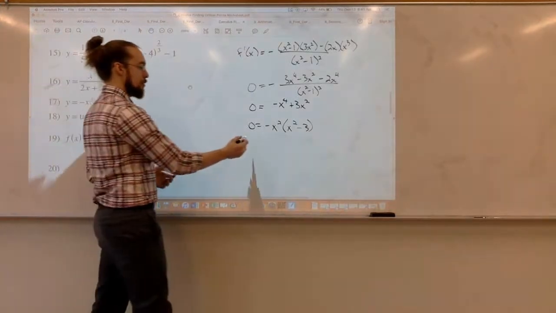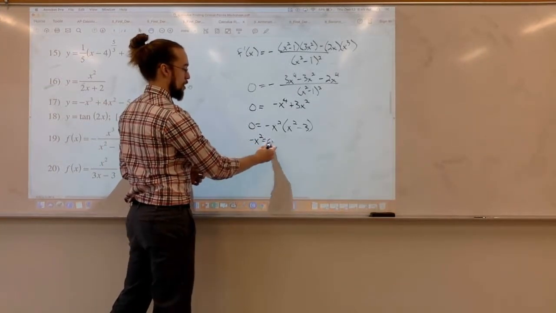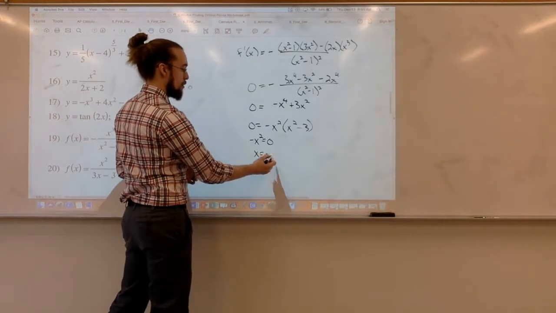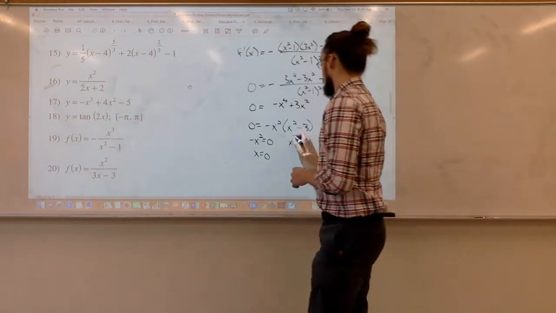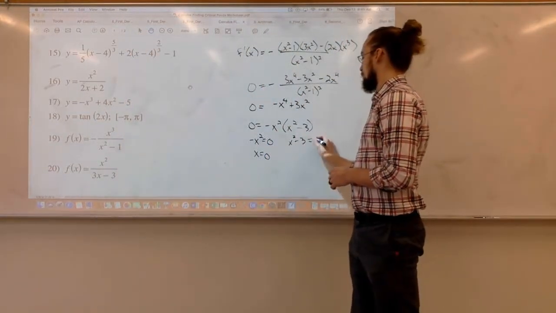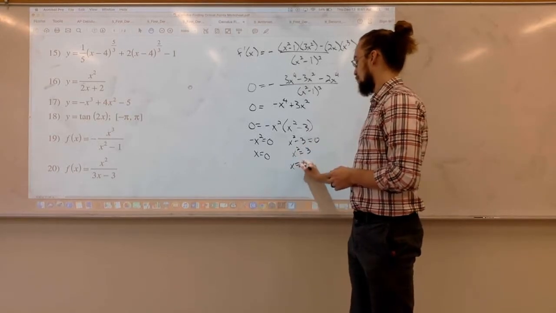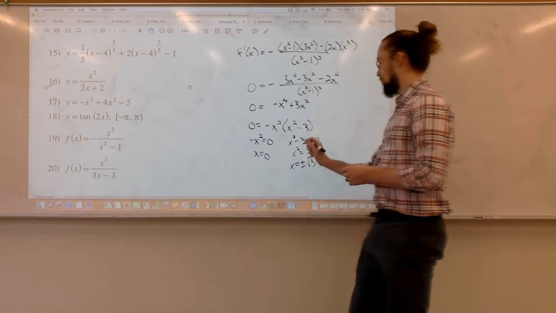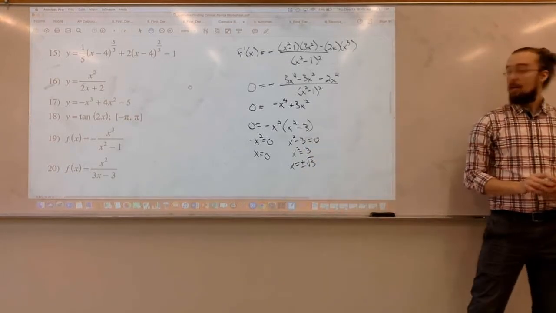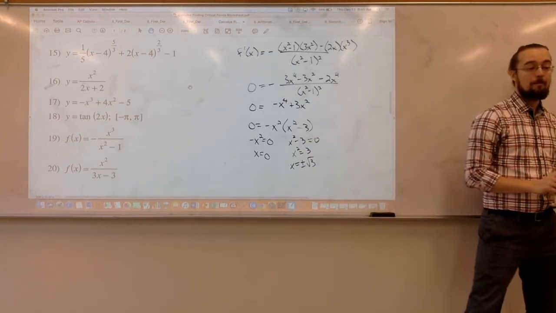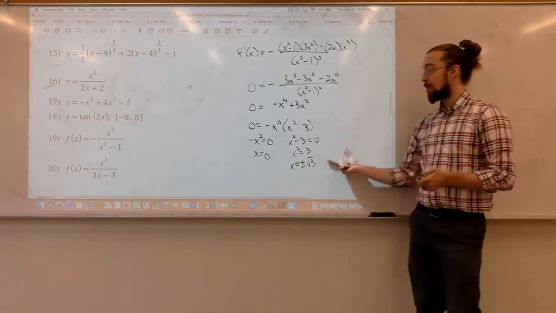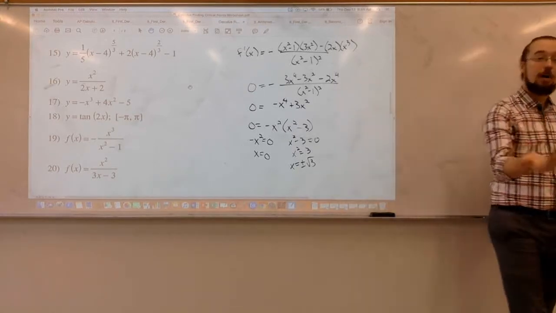So set both of these equal to 0. I get x equals 0. And if I set this one equal to 0, I'll get x squared equals 3, so x equals plus or minus the square root of 3. Isn't there also an x equals 1? Yes, so then we also have to look for where our derivative is undefined.